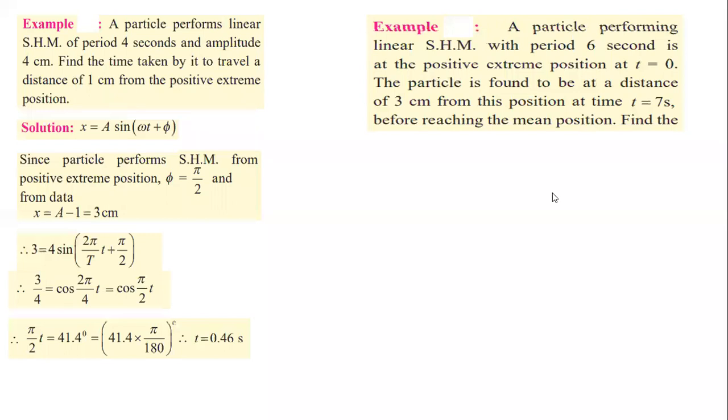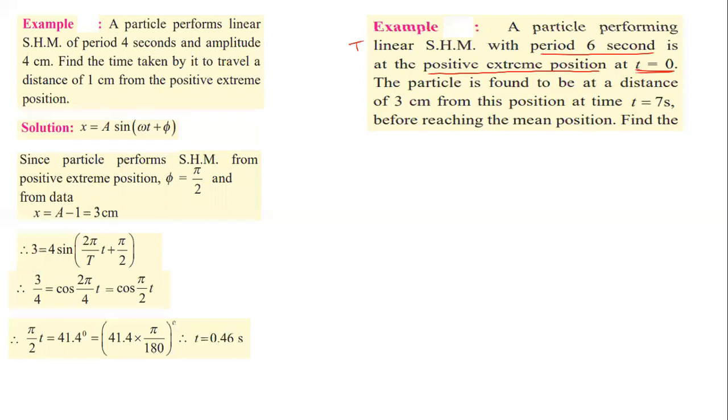Next example is a particle performing linear SHM with period 6 seconds, that means capital T is given. It is at positive extreme position at t equal to 0, which means it starts from the positive extreme position.